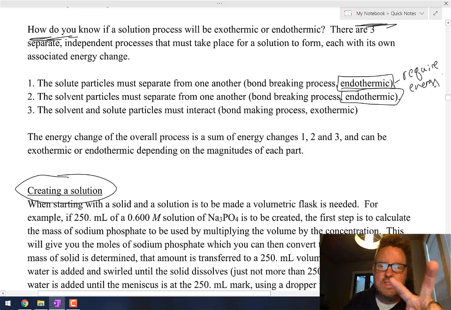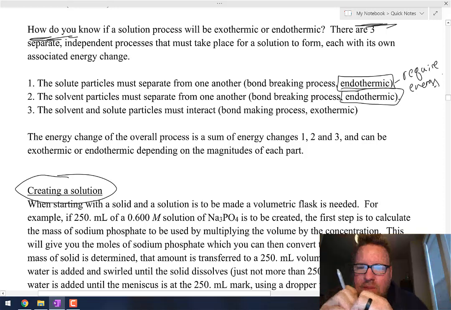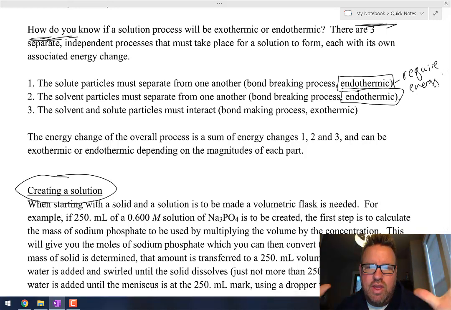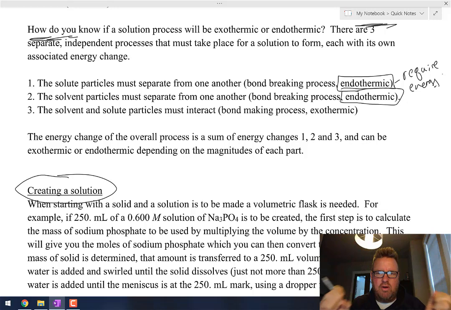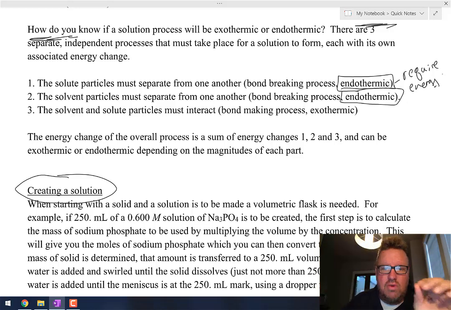The two processes are that the water basically has to make space for the sugar, let's just use sugar, for the sugar particles to fit in. So the water particles have to break apart from each other. Again, that's an energy requiring process. And then the sugar molecules also have to break apart from each other.